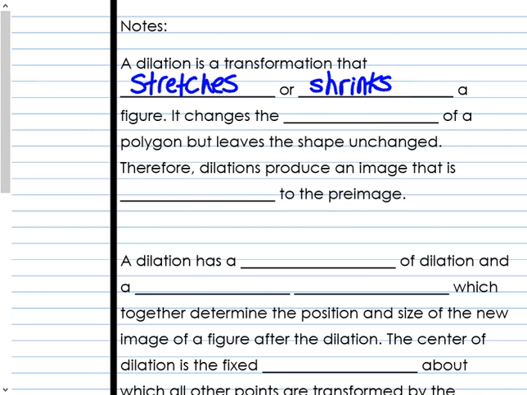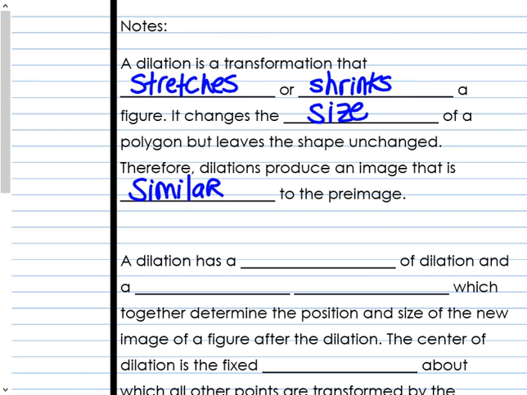It changes the size of a polygon, but it leaves the shape unchanged. So if it was a triangle, it stays a triangle. If it was a rectangle, it stays a rectangle. It may get bigger or smaller, but the shape does not change. Therefore, dilations produce an image that is similar to the pre-image. We'll talk more about similarity another day.